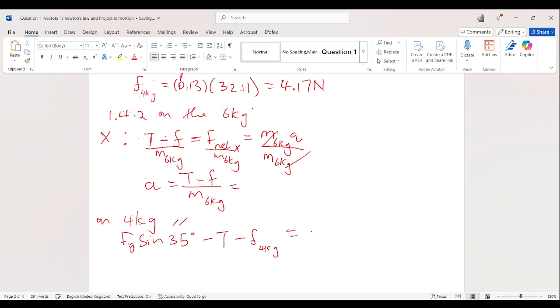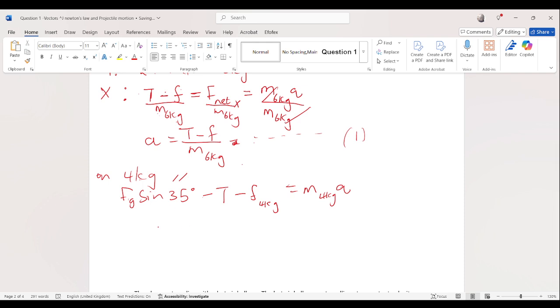All this equals mass of 4 kg times acceleration. Let's say this is equation 1. Okay.